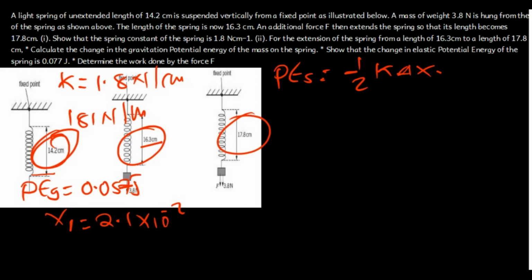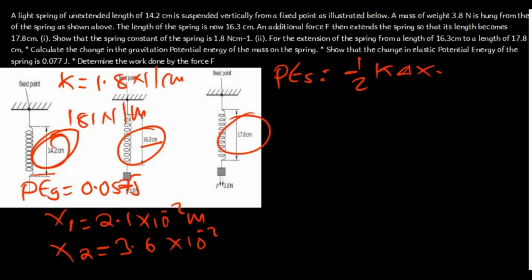Then x2 is going to be 17.8 minus 14.2. So this is going to give me 3.6 centimeters. To convert it into meters, I'm going to say times 10 raised to the power negative 2. But if you want, you can just divide by 100, which is just the same thing.